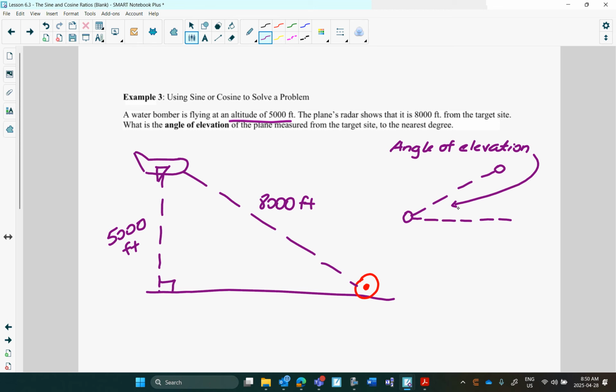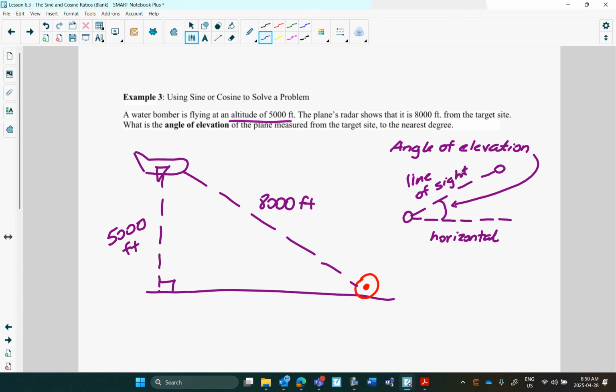This is called the angle of elevation. We call this imaginary line the horizontal. And this is our line of sight looking out.